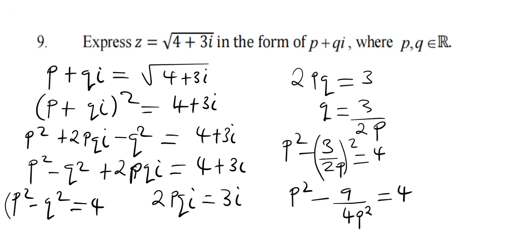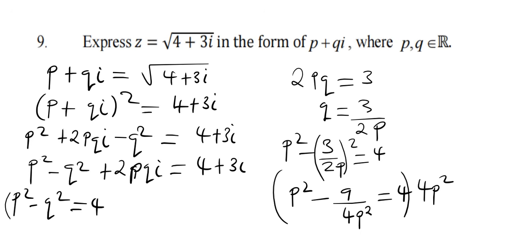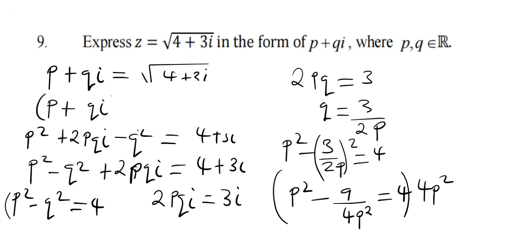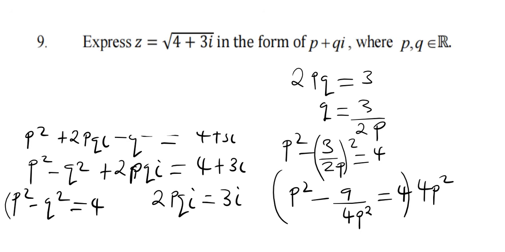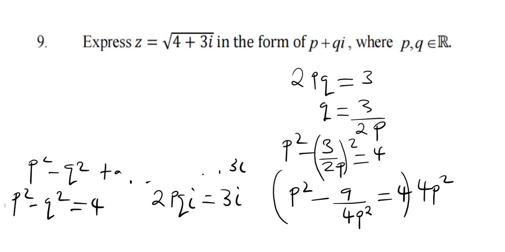Now, for us to remove this 4p squared, I'm going to multiply the whole expression by 4p squared. So what do we now have? Allow me to rub the top part. When I multiply with 4p squared, I'm going to have 4p to the power 4. Why?